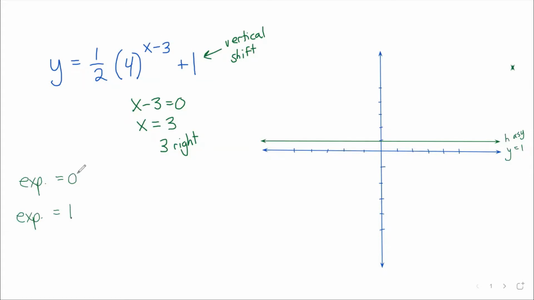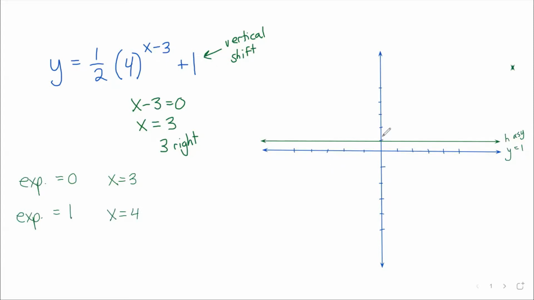We're talking about this is what we want the entire exponent to be. And so what we're really interested in is, okay, for the exponent to be 0, x itself actually has to be 3 here. And then for the exponent to be 1, x itself would need to be 4.